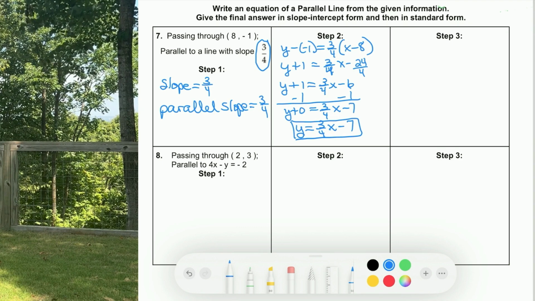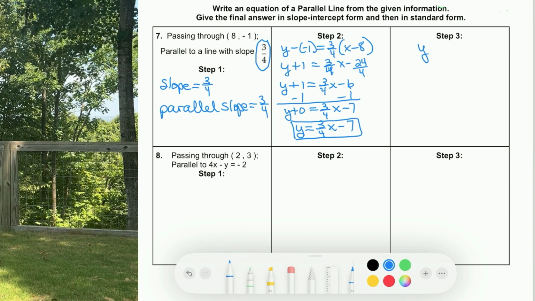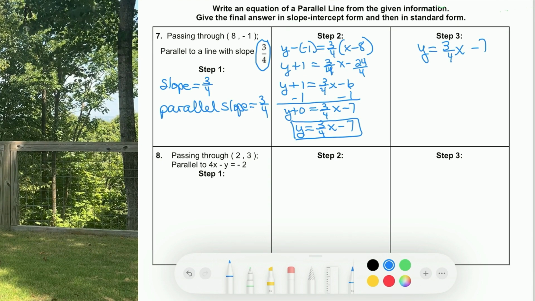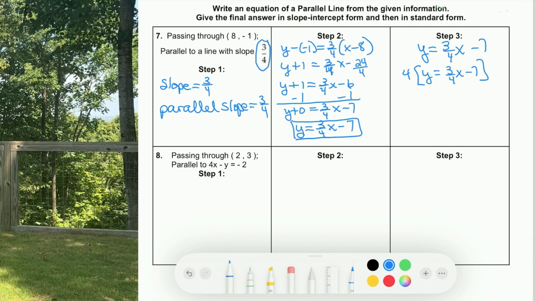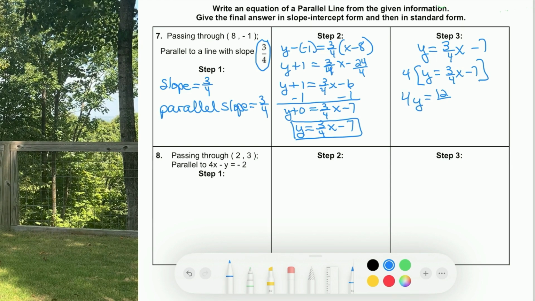Step 3, we're going to take that and change it into standard form. So y equals 3/4 x minus 7. I need to multiply everything by 4 so that we can cancel out the fraction. So that becomes 4y equals 12/4x minus 28. 4y equals, that 12/4 becomes a 3.